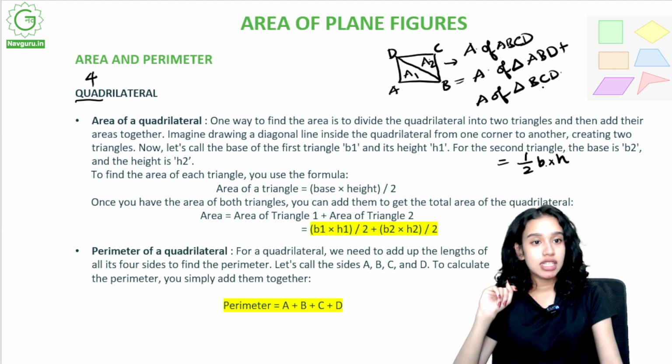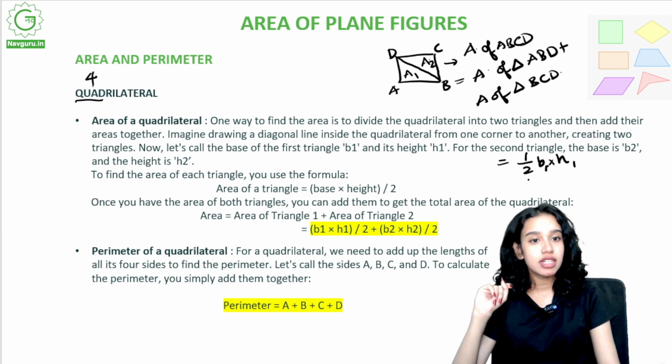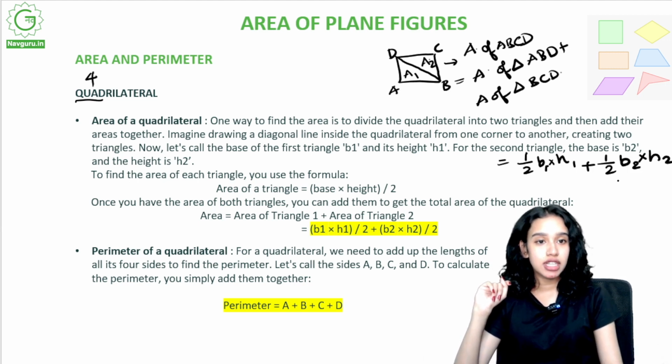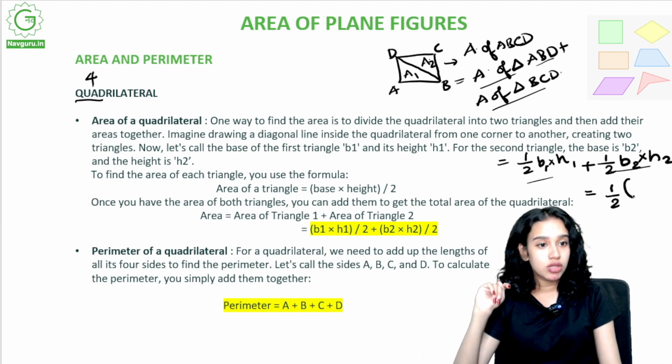So, let's say for ABD, the base is B1 and the height is H1. And for the second triangle, it would be half into B2, the base of the second triangle, and H2, the height of the second triangle. So we put the area of the first triangle and then the area of the second triangle. So let's take half as common here. So this one would be half into B1 H1 plus B2 H2.